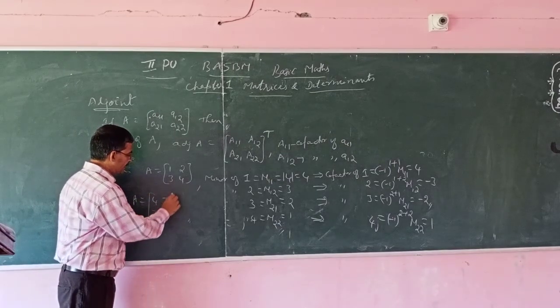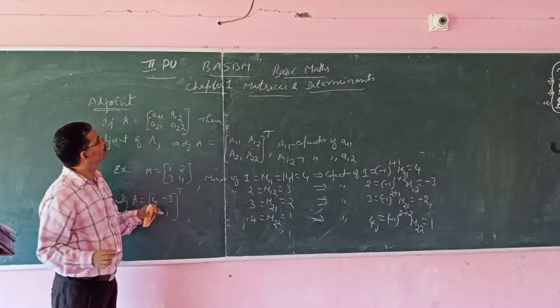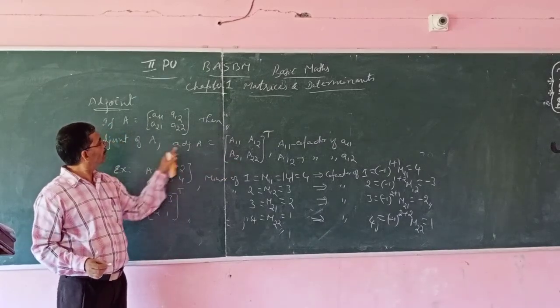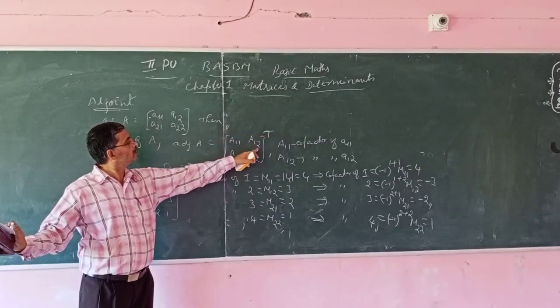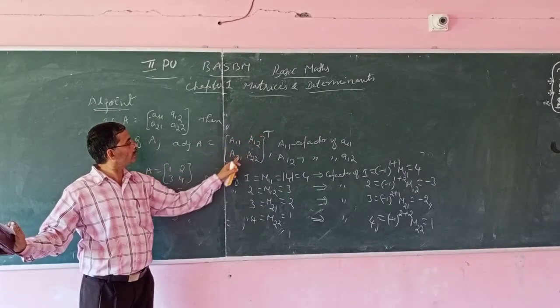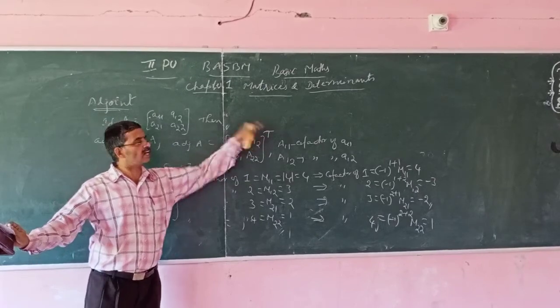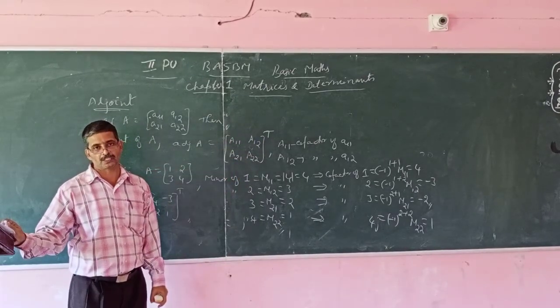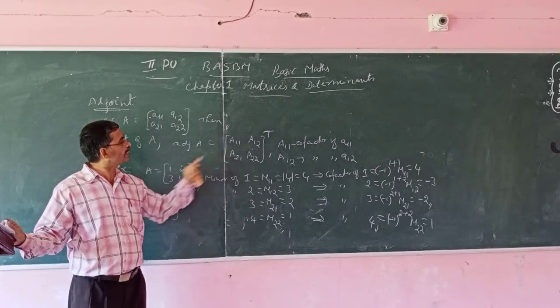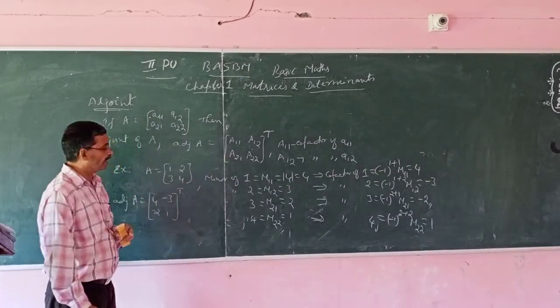Its transpose. See, adjoint of A equals the transpose of the cofactor matrix A11, A12, A21, A22. Take its transpose. That is the adjoint of A.